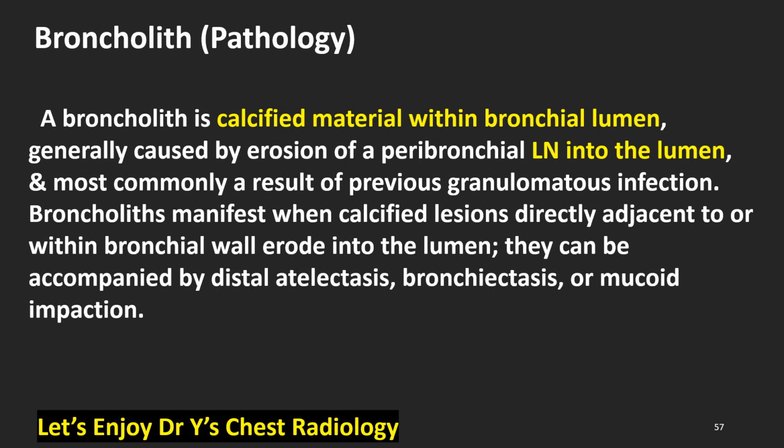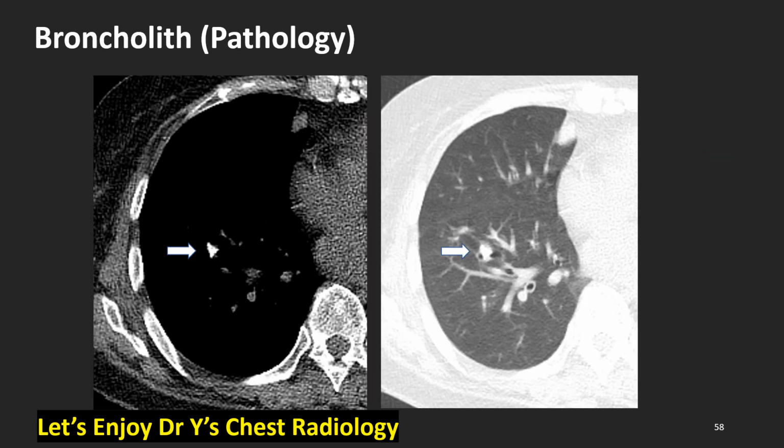Broncholiths manifest when calcified lesions directly adjacent to or within the bronchial wall erode into the lumen. They can be accompanied by distal atelectasis, bronchiectasis, or mucoid impaction. Arrows indicate broncholith and bronchial dilatation.